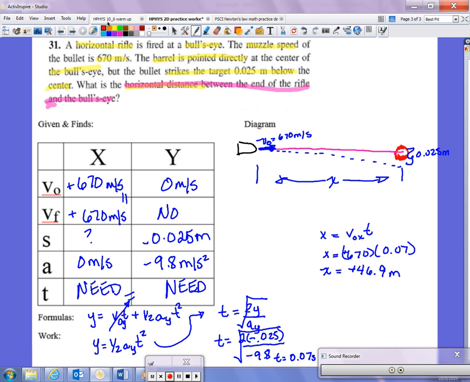So my answer is plus 47. And actually they're asking for distance, so it really shouldn't have a sign here. Okay, and you could put away from the target. Okay, so this is my answer, 46.9 meters.